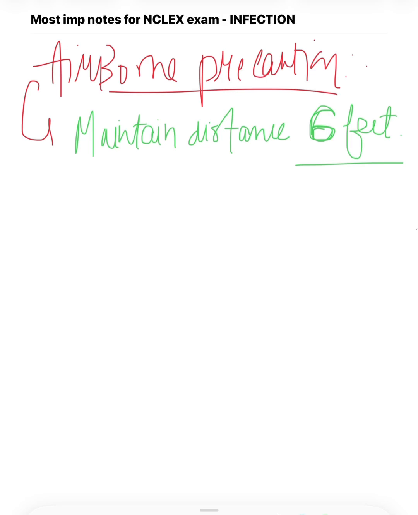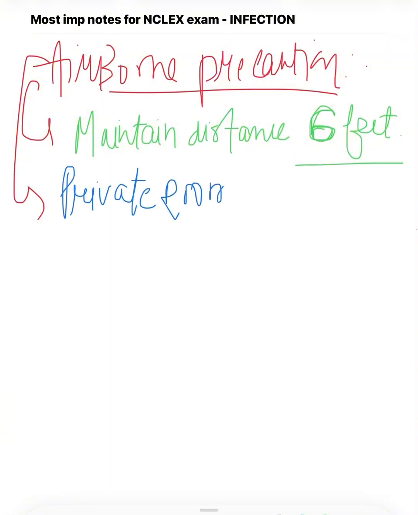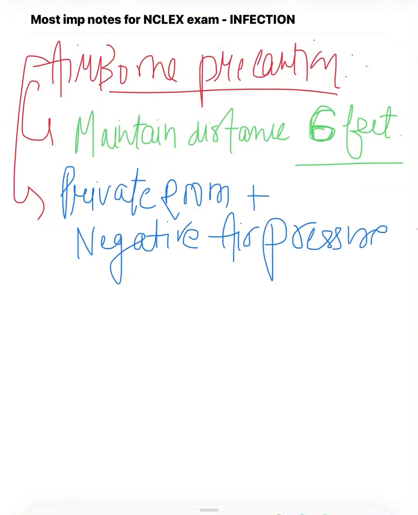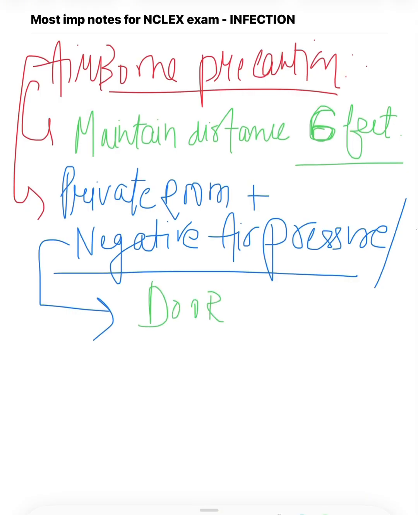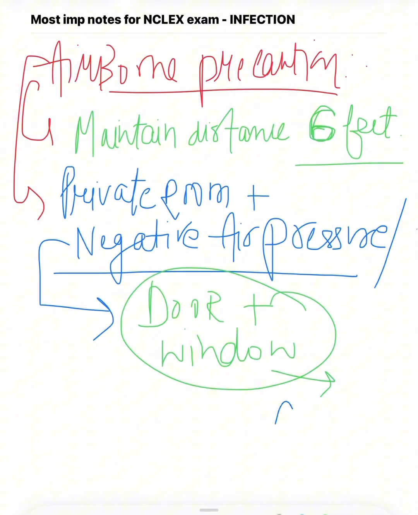There is a private room plus negative air pressure or negative isolation. So what does negative air pressure mean? Here negative air pressure means door plus window are all closed. In airborne precautions, you have to close the door as well as the window.